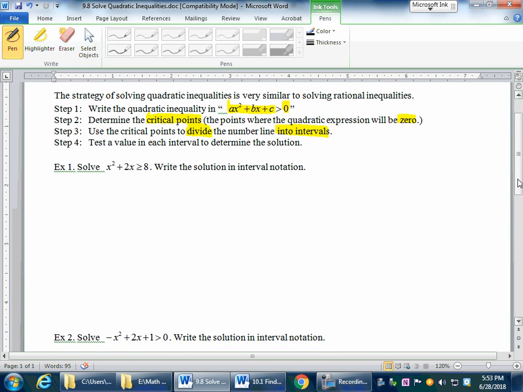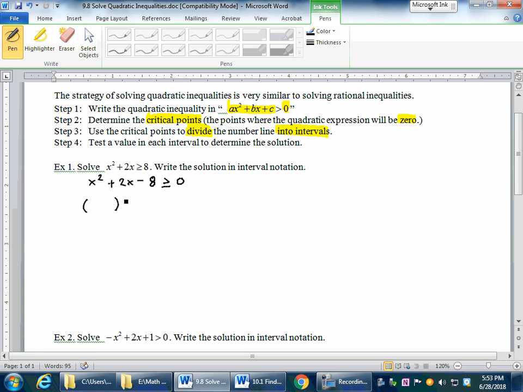First, I need to make sure that everything is on one side of the inequality and 0 is on the other side. Therefore, I'm going to subtract 8 from both sides. So it'll be x squared plus 2x minus 8 is greater than or equal to 0.